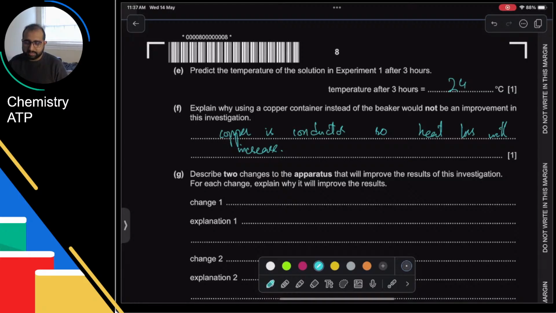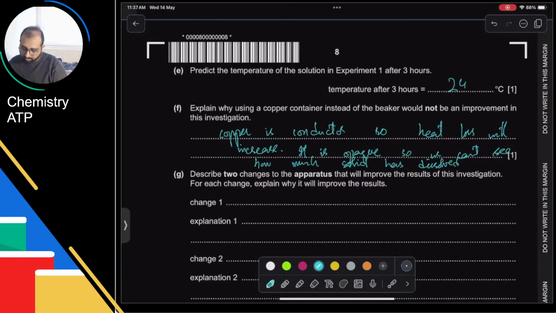Second reason is that copper is opaque. We will not be able to see whether it has dissolved or not. It is opaque, so we can't see how much solid has dissolved or not. Okay, so clearly both of those are useless changes to make.